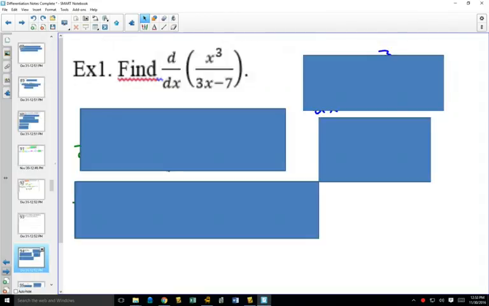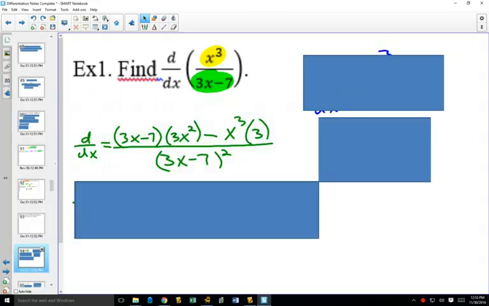So here we have a function on the top, which I'll highlight again in yellow, and a function on the bottom, which I'll highlight in green. With the quotient rule it's easy to see which one's on the top and which one's on the bottom, so that's nice. And again, you can go directly to the answer. So how does the answer go?